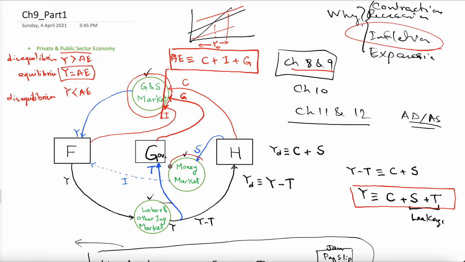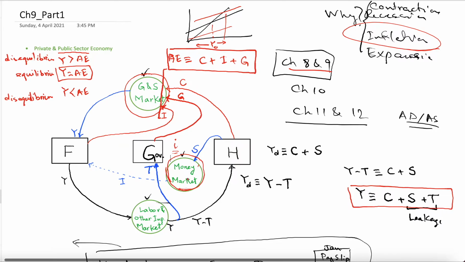Now we are going to talk a little bit about the money market, where some people are offering their spare money, savings, to those who are in demand of it, and there is going to be an interest rate which determines the value or economic value or opportunity cost of holding money, something like that.